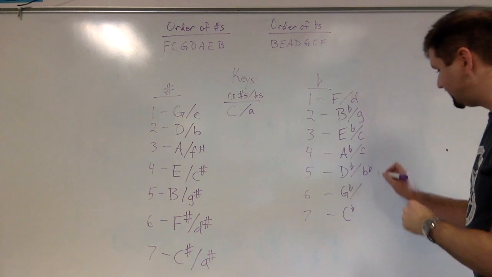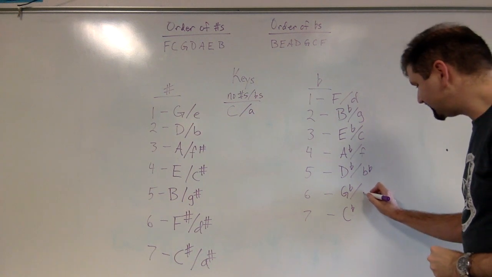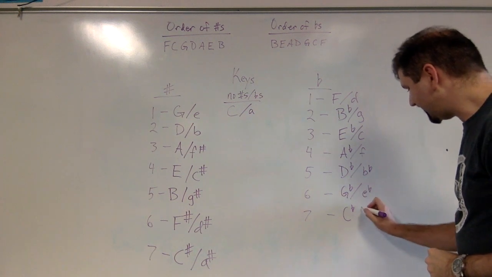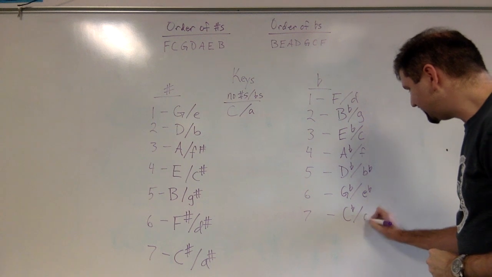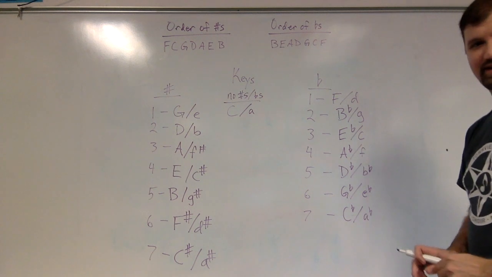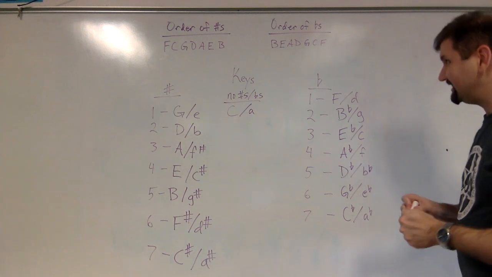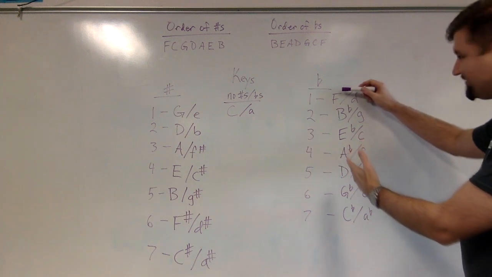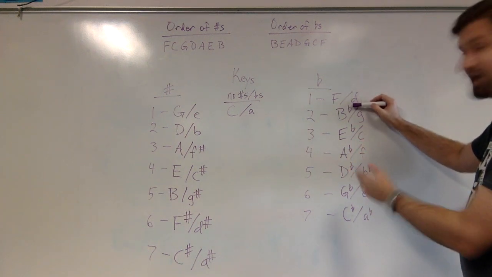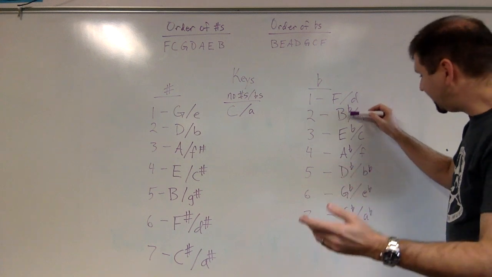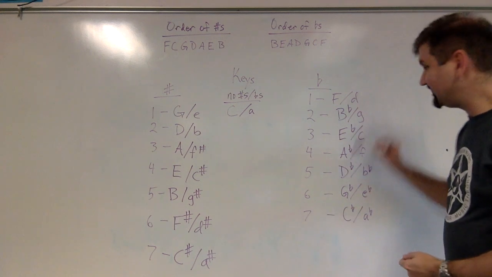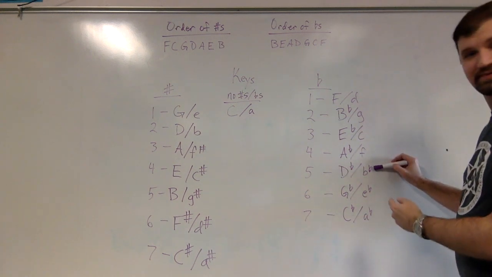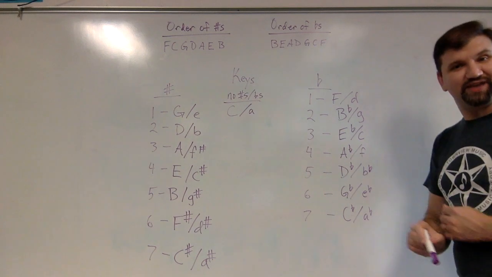And counting from B flat, we get to E flat, and then counting from E flat, we get to A flat. Now, once we started adding flats with both major keys and minor keys, we got to B flat, and everything after that had flats.